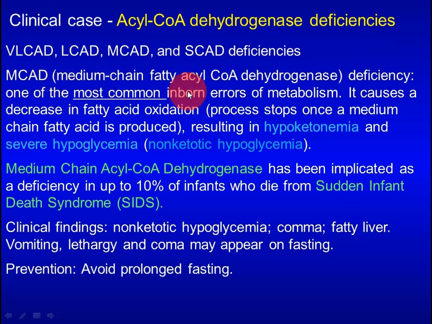It causes a decrease in fatty acid oxidation, resulting in hypoketonemia and severe hypoglycemia. Medium-chain acyl-CoA dehydrogenase deficiency has been implicated in up to 10% of infants who die from sudden infant death syndrome.